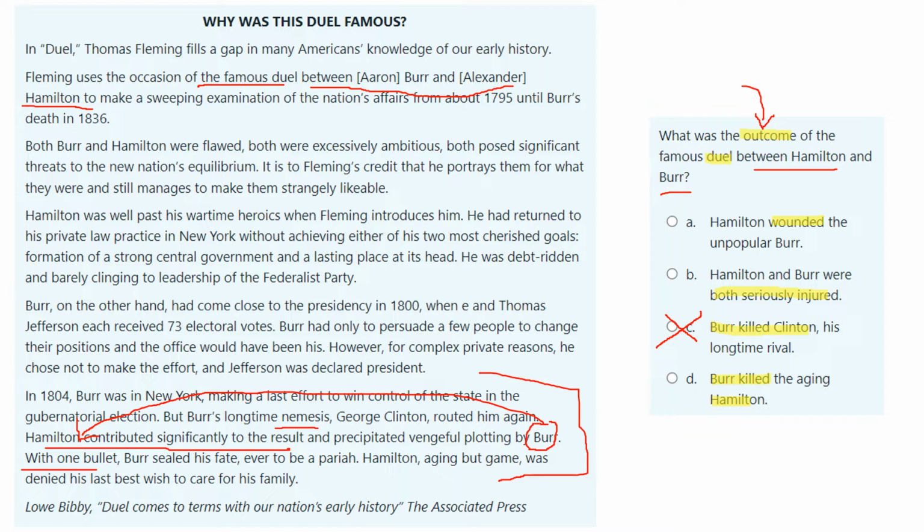With one bullet, Burr sealed his fate, ever to be the pariah, the cast out, the one that people hated. Hamilton, aging but game, willing, was denied his last best wish to care for his family. Why was he not able to care for his family? Because he died. So the correct answer would be answer D: Burr killed the aging Hamilton.